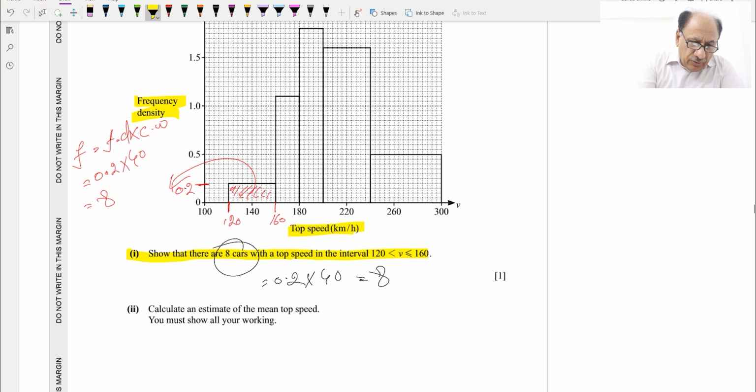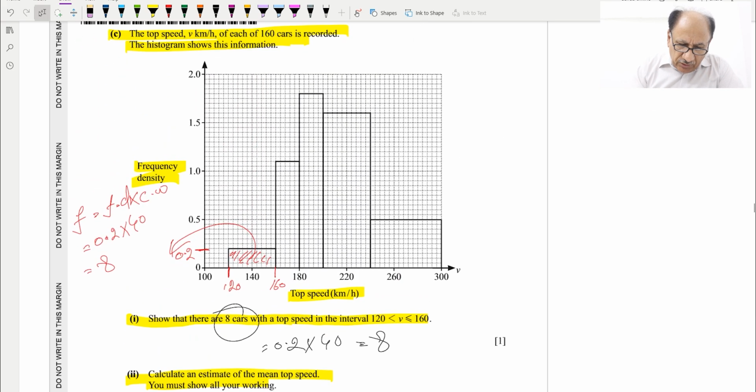And the second part is this one: calculate the estimate of the mean top speed. You must show all your working. So now for mean speed, we need to calculate each bar. This is a 6 mark question. For example, this class width, the one I'm talking about, is 20.